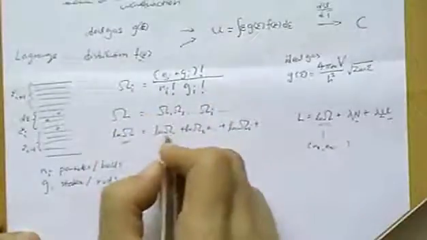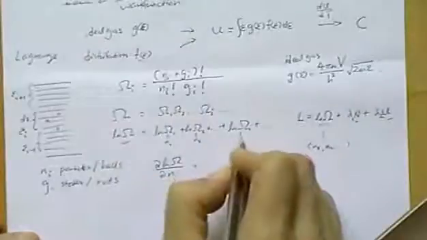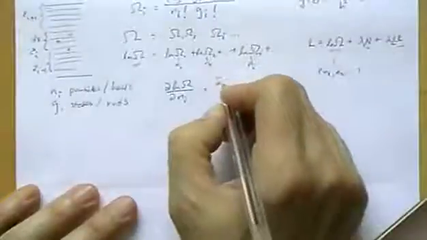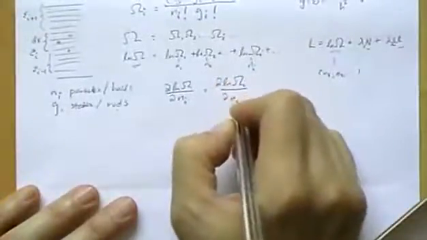So omega 1 depends only on n1, omega 2 on n2, and so on. So if we differentiate this with respect to ni, all of these terms will be 0 except for that one. So this is really just d by dni.